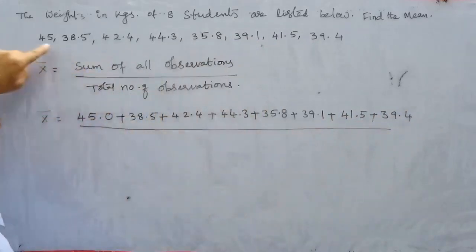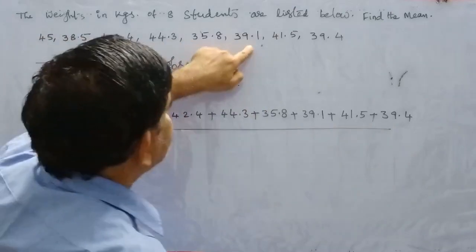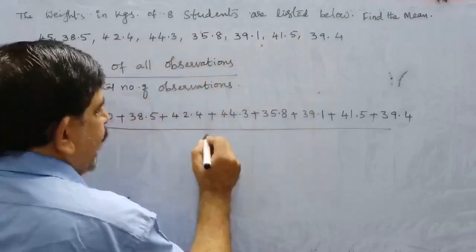How many observations are there? 1, 2, 3, 4, 5, 6, 7, 8. So 8 observations.